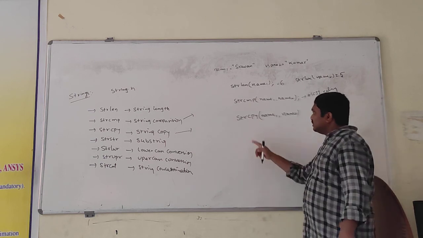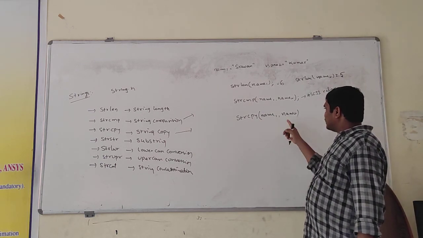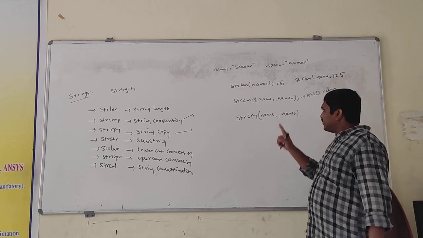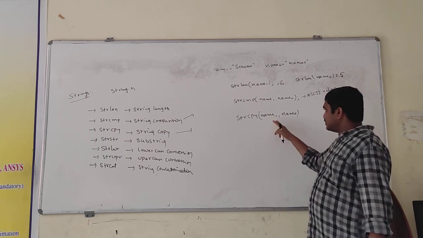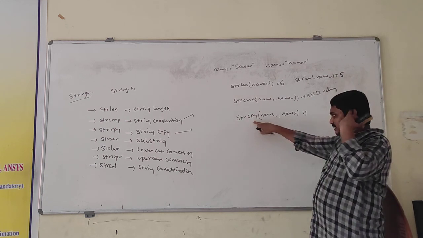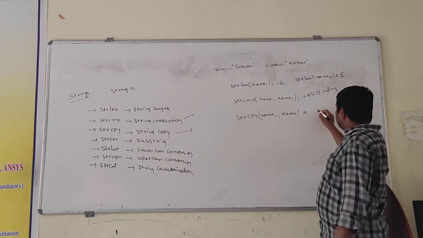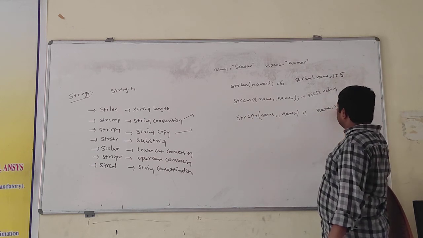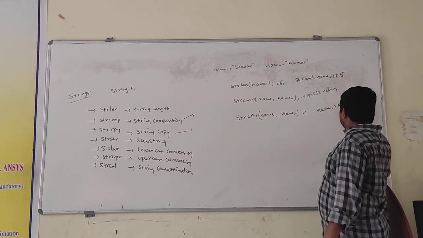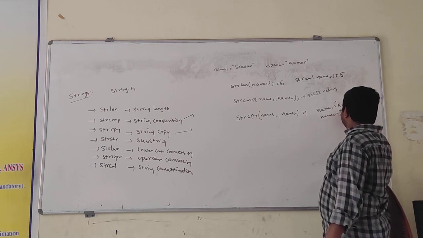So this function copies the second name to the first name. That means if you apply strcpy on these two strings, then name 1 equals Kumar, name 2 equals Kumar.